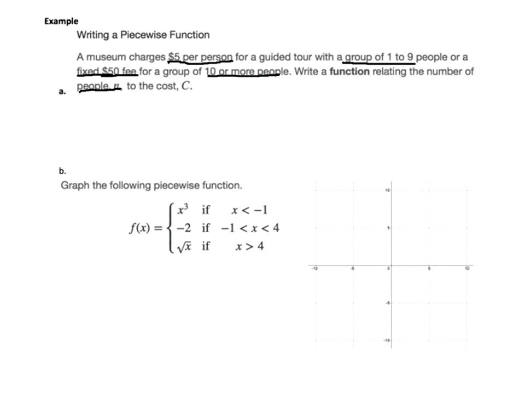Write a function relating the number of people n and the cost, C. So C of n, that's like f of x, C of n is equal to, I've got 2 pieces, so I need to mark it with a big brace showing that this is a piecewise function. $5 per person. So that's 5n. That says $5 per person.